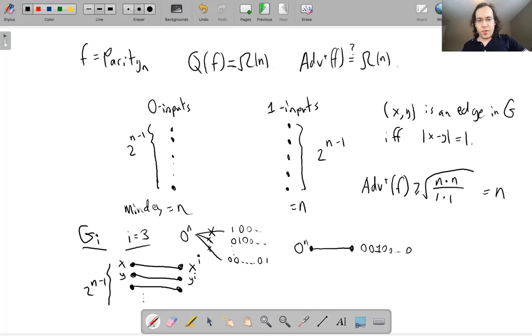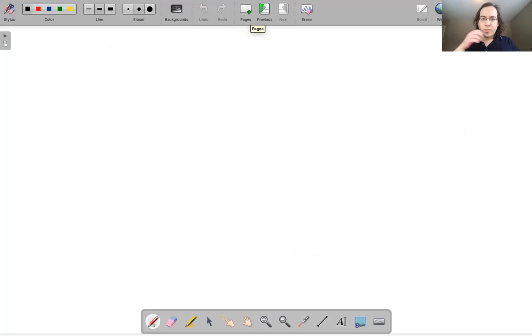Okay, so now let's try a slightly trickier example. There's an example called permutation inversion. So here, f is a function that goes from [n]^n to {0,1}.